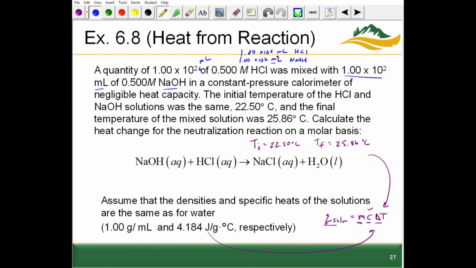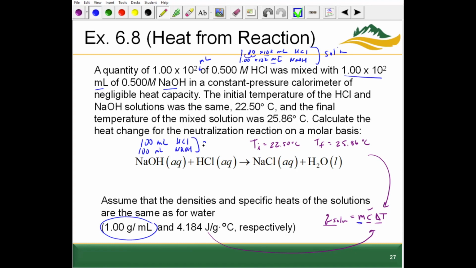If we have this much volume of the acid and base that are combining together to form our solution, we can get the mass of the solution by using the density of water. So from scientific notation, we move this over 2 times. That is 100 mL of acid and 100 mL of base.